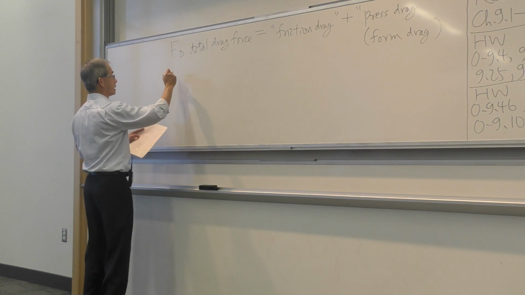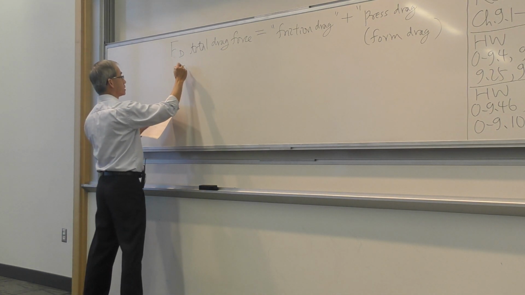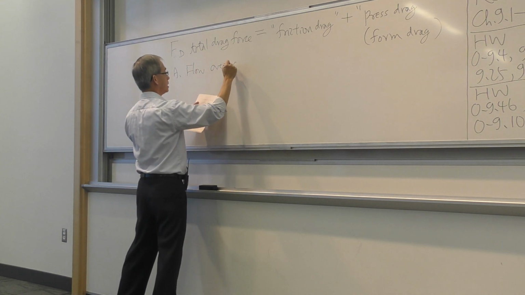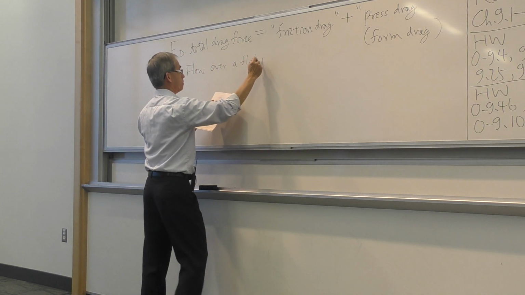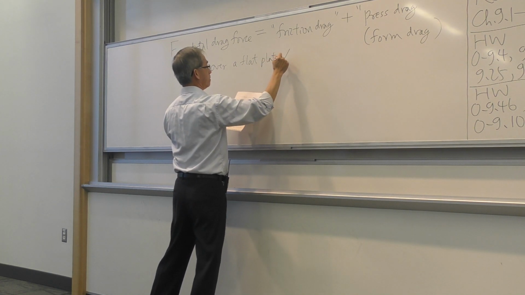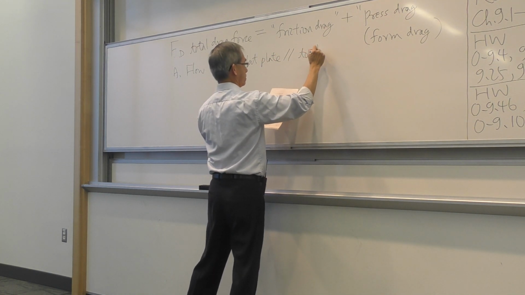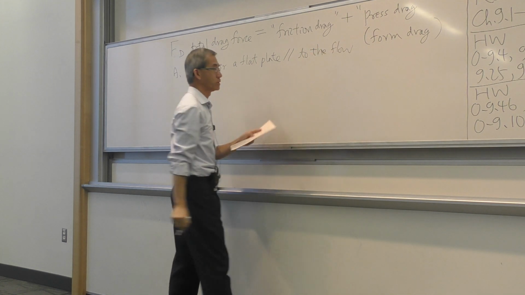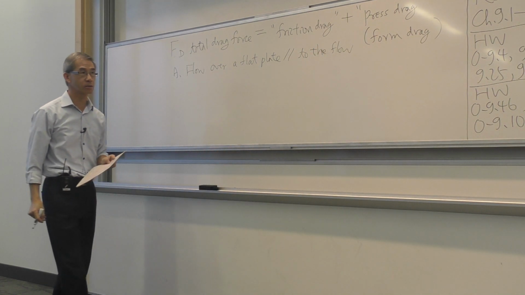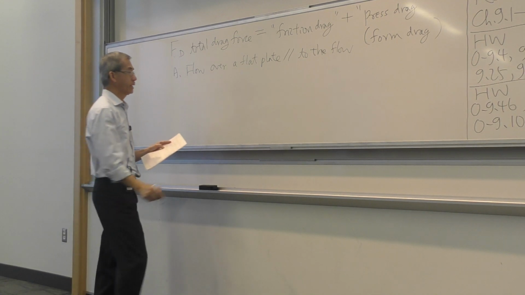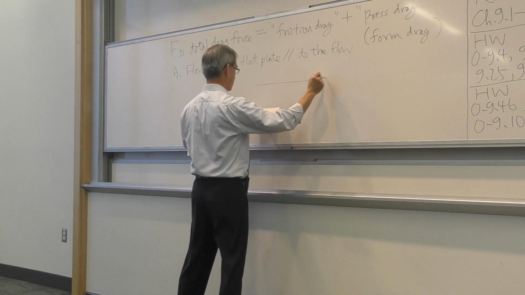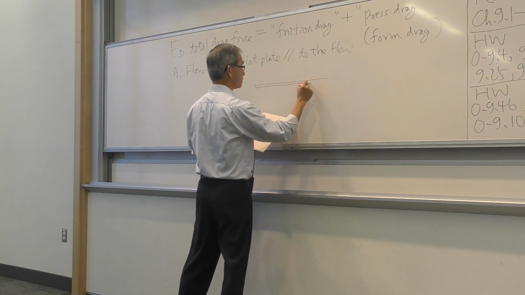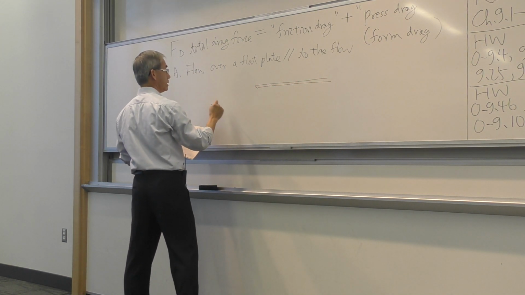So I think the best example to illustrate the two concepts is using the semi-infinite plate that we talked about. The first example is where the plate is, just like we illustrated before, parallel to the flow. And there's no pressure gradient.